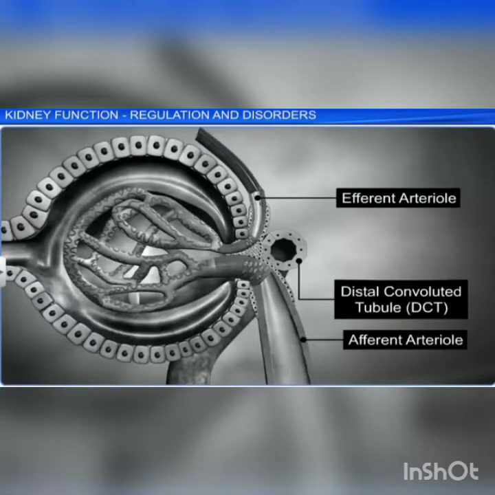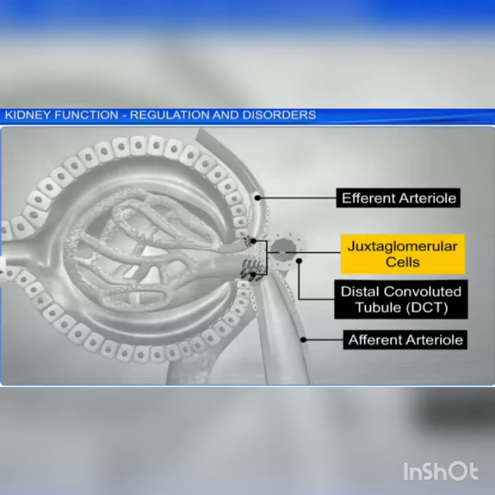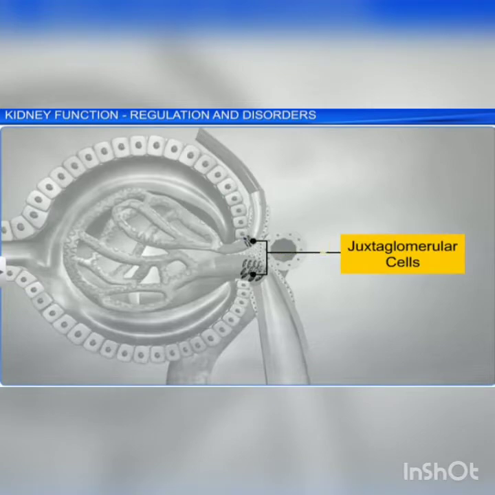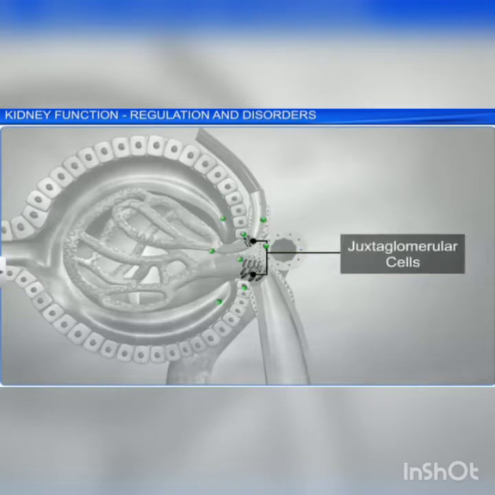Like the hypothalamus, the JGA also plays a vital role in regulating kidney functions. The juxtaglomerular cells detect a fall in the glomerular blood pressure or GFR and release a peptide hormone called renin.